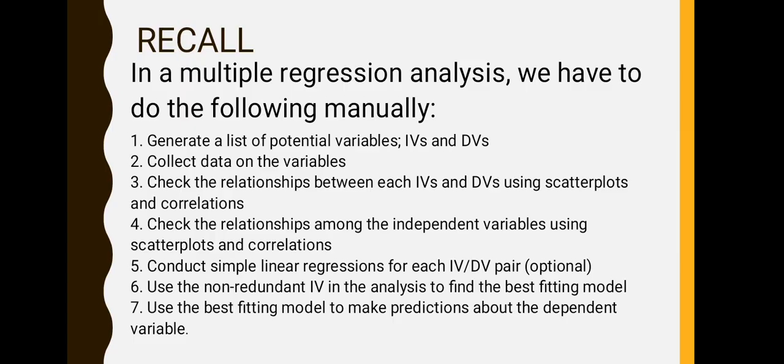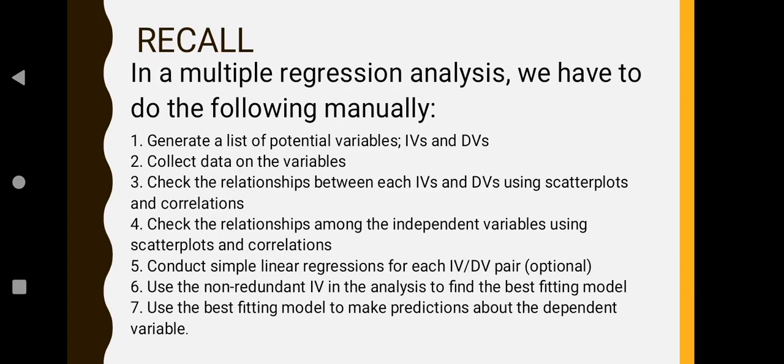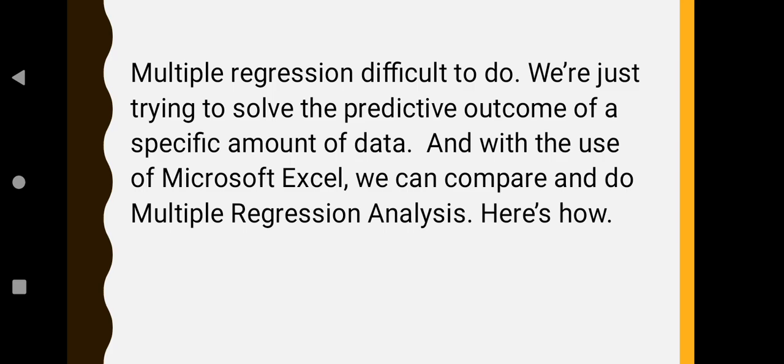But by using software like Excel or Minitab, we can easily do the task, and this is a tutorial on how to use Microsoft Excel in performing multiple regression analysis. Multiple regression analysis is difficult to do. We're just trying to solve the predictive outcome of a specific amount of data, and with the use of Microsoft Excel, as I have told you earlier, we can do multiple regression analysis. So here's how.